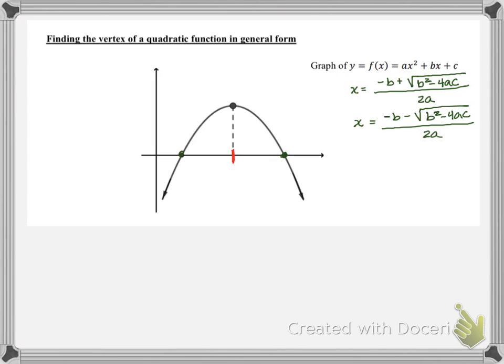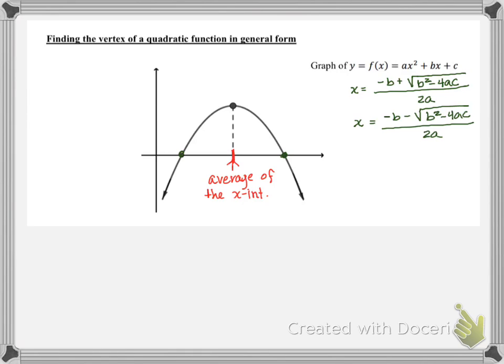It's halfway between the two x-intercepts, which means that this x-coordinate should be the average of the x-intercepts. Because to find the number in between two numbers, you just take the average.